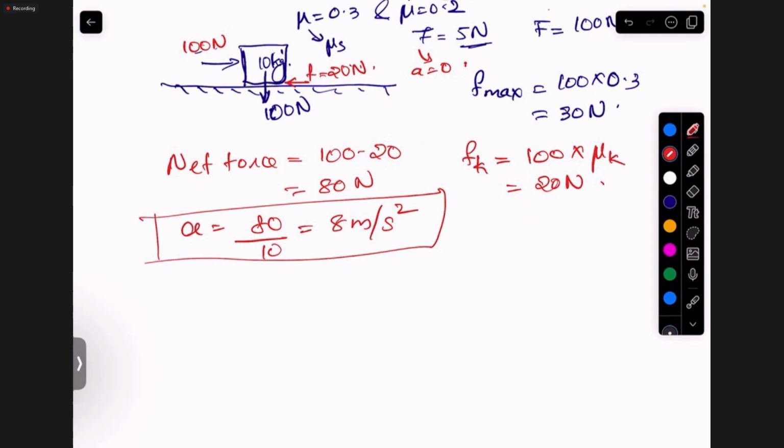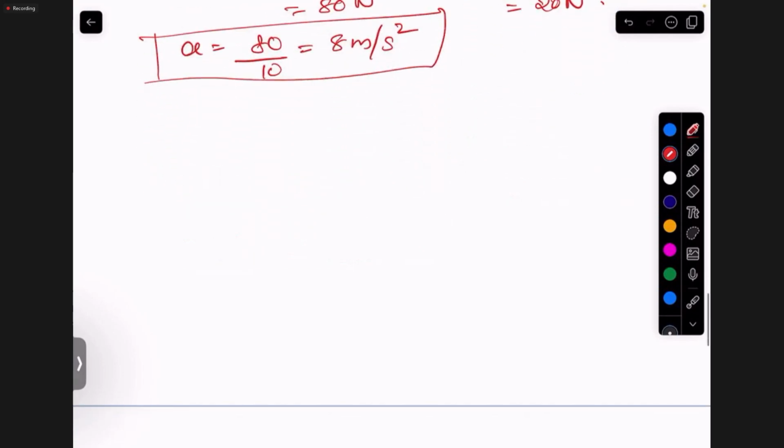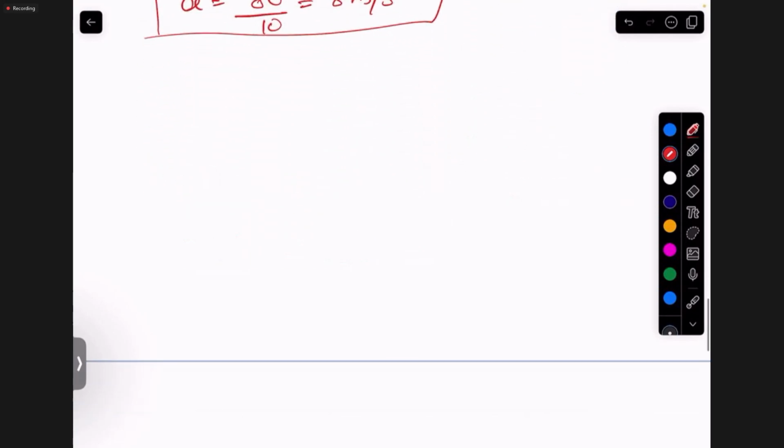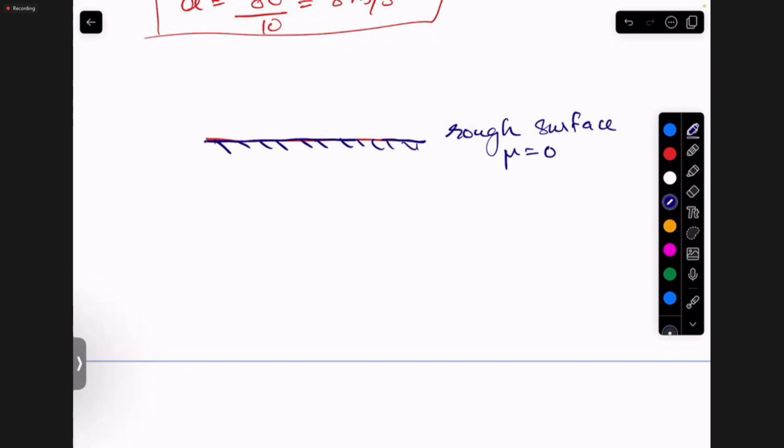So that's how you calculate friction when it comes to an example problem. Okay. Another example problem that we will see right now: there's this block of 5 kg over a rough surface with mu equal to 0.5.